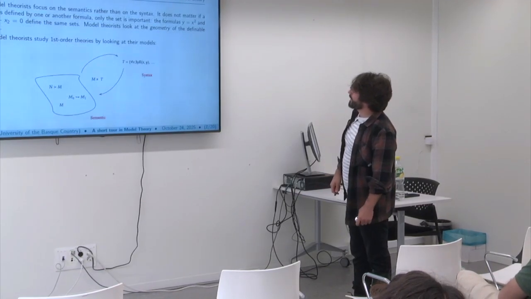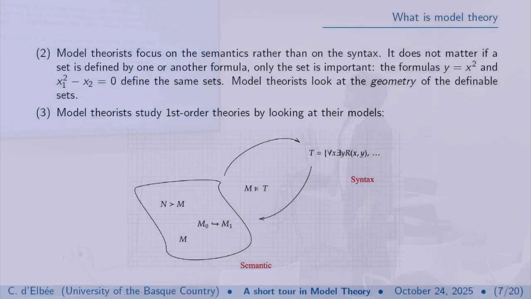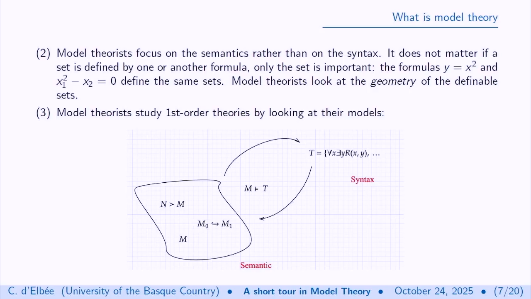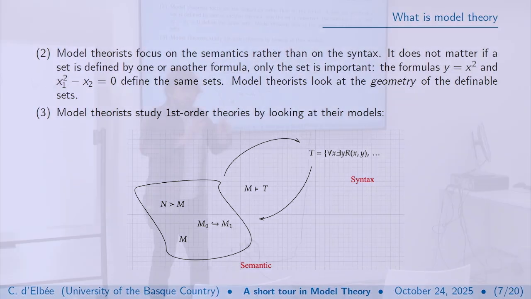And this is a very crucial point: model theorists will focus on the semantics rather than on the syntax. So it does not matter if a set is defined by one formula or another. The only important thing is what set it defines. The formula y equals x squared here, and the formula x1 squared minus x2 equals 0, are two equivalent formulas.